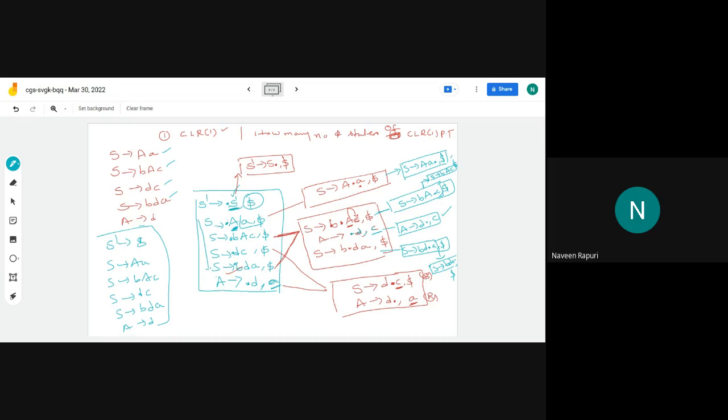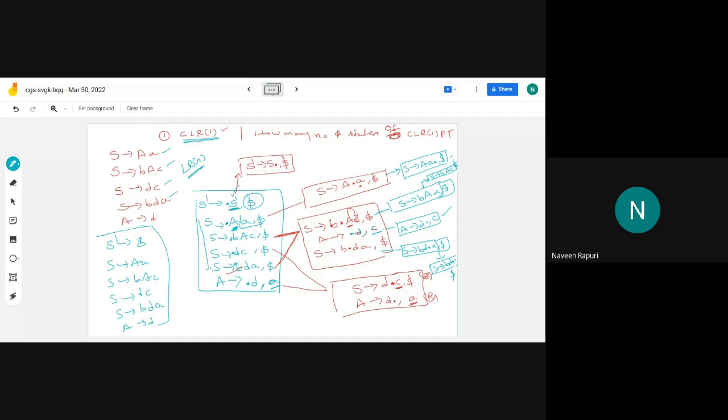So our question is: is the given grammar a CLR1 grammar or not? For checking this, at the time of writing the LR1 items of the DFA, we are checking whether there is any shift reduce conflict or reduce reduce conflict. If there is a shift reduce conflict, we check whether the shift symbol is present in the look ahead symbols of the reduced production. If the shift symbol matches the look ahead symbols of the reduced production, then that is not a CLR1.